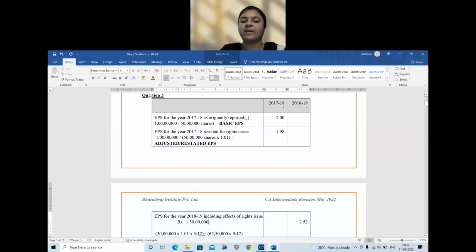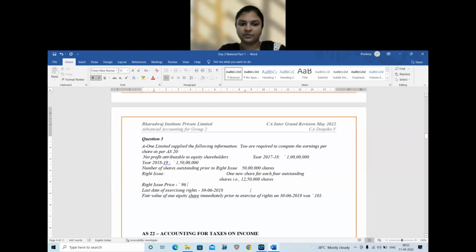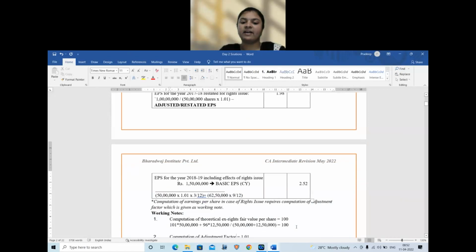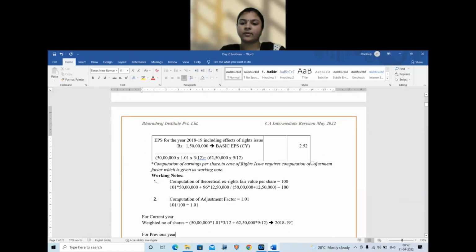So basic EPS for the current year is going to be numerator, the revised profit for the current year, which is 1 crore 50 lakhs, divided by the weighted average shares we have calculated, 59 lakh 50,000. So 1 crore 50 lakhs divided by 59 lakh 50,000 gives us 2.52.